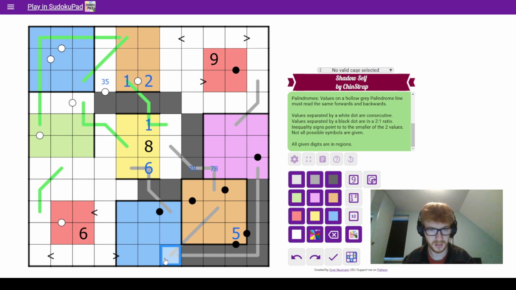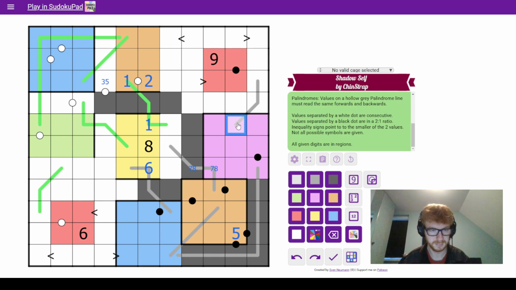But these two are the same as well. Hmm. That's okay. That is something. So if that's not in, it's a 3, and that's a 3. I don't see a problem with that at all.